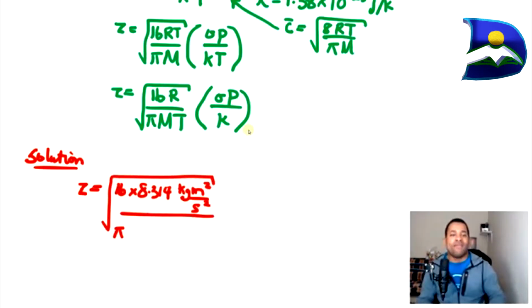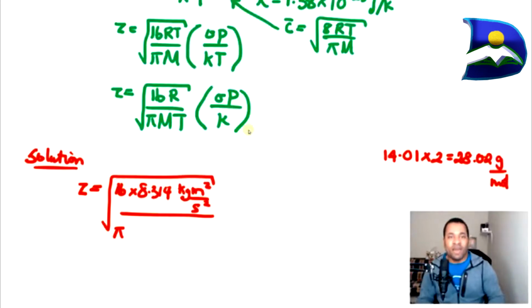We know that m, take note, is the molecular weight of nitrogen gas. Since for one nitrogen atom the atomic weight is 14.01, and since we have 2, we multiply by 2, and that gives us 28.02. Take note, it's in grams per mole.